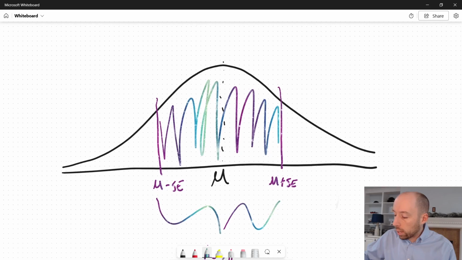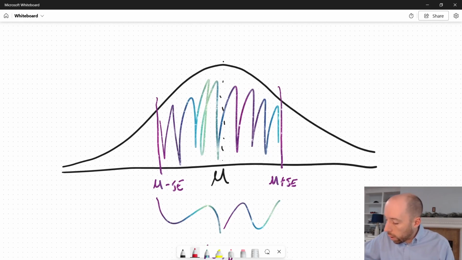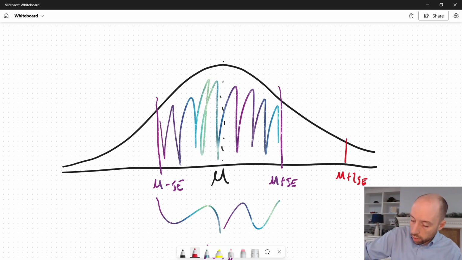And then if I go out a little bit further than that, say go out to 2 standard errors, so I've got mu plus 2 SE. And on the left, the same story. Go all the way out to here.